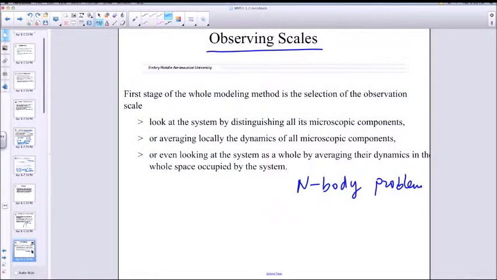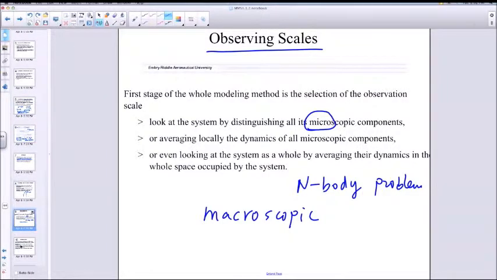So basically, there are two types of observation, either in the microscopic components, so you look at each as an individual, or the macroscopic, and then you are not going to look at individuals. You look at average, look at total, and the dynamics. Another example is the ideal gas.